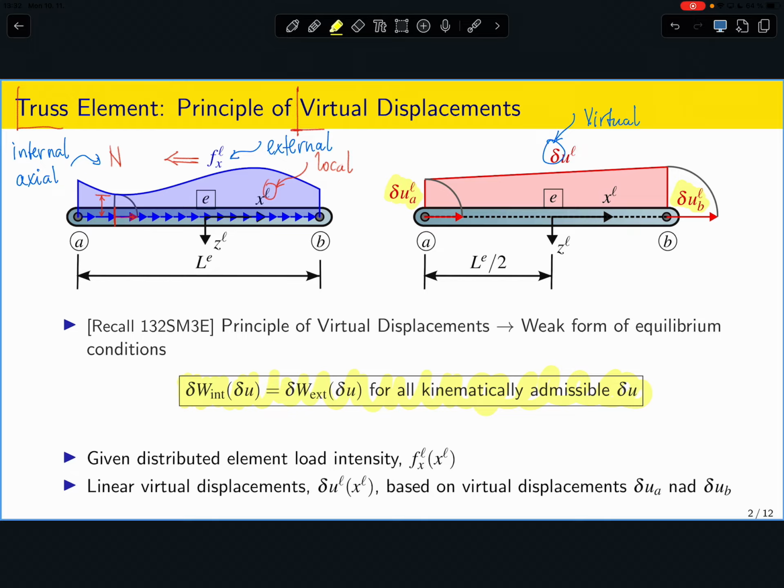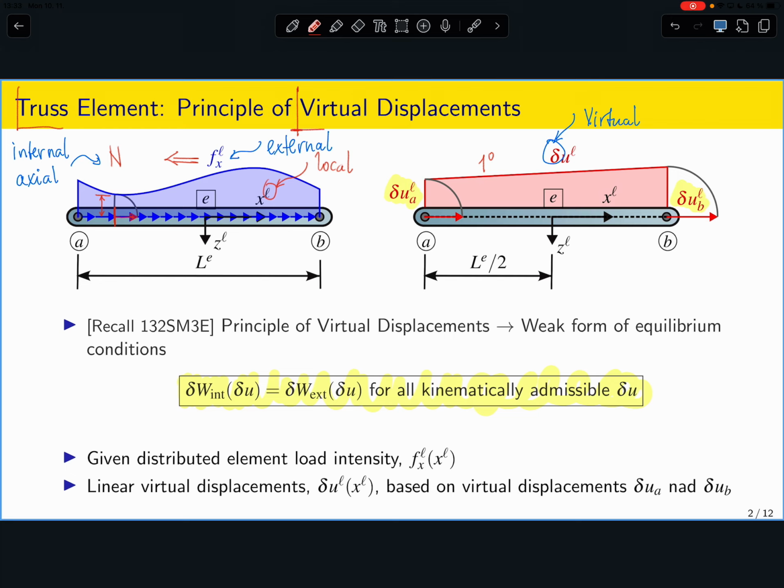So this is just a linear function, or in the terminology I'm using within the course, this is first order. Okay? So I'm assuming that everything is controlled by what is happening in the nodes or joints, if you wish, of that structure.